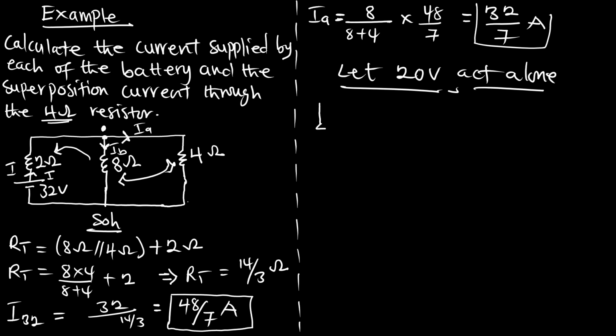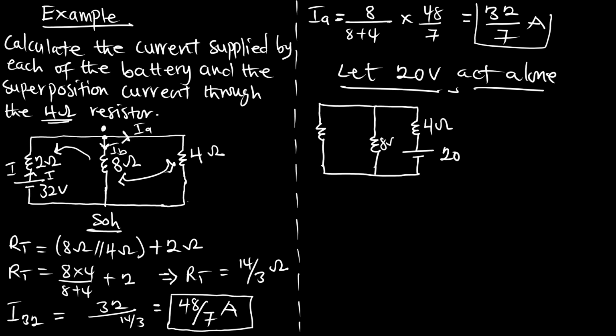This is our resistor. The voltage is short circuited. This is our 8 ohm. It is intact, and our 4 ohm with our 20 volt voltage source. So this is the 20. This is our 4 ohm. This is our 8, and this is our 2 ohms.